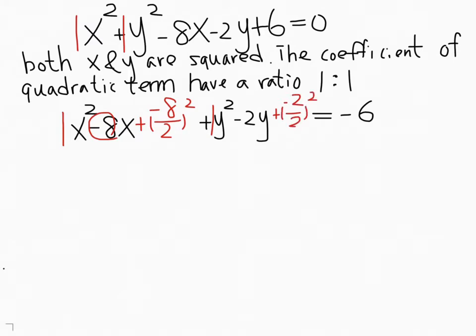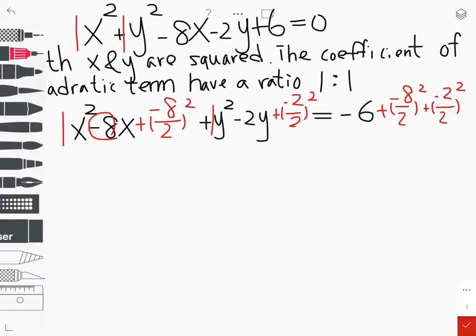Because we are balancing across the equal sign, whatever you add to one side, make sure you add it to the other side. That's the balance you have to maintain across the equal sign at all times. So next step, figuring out the numbers we add.